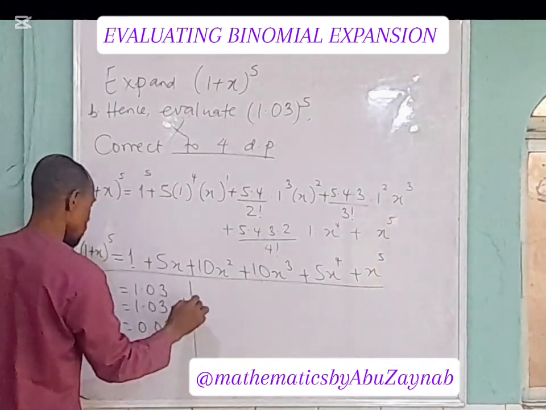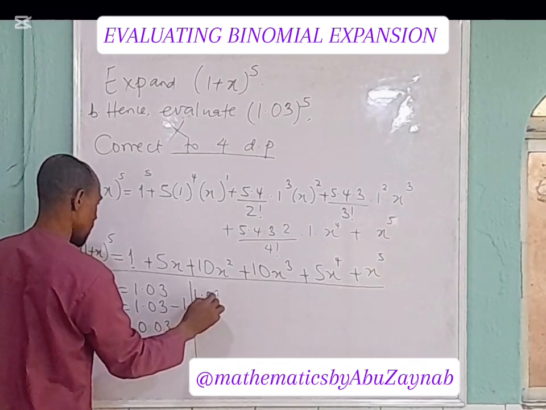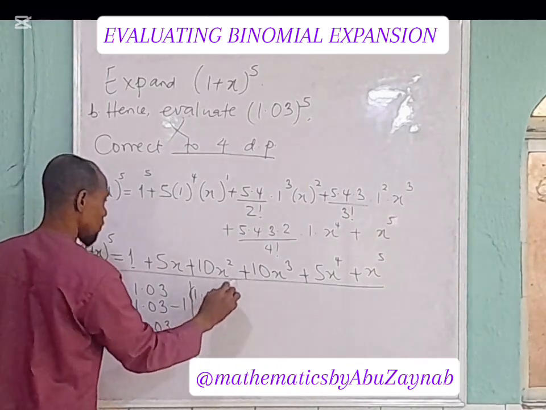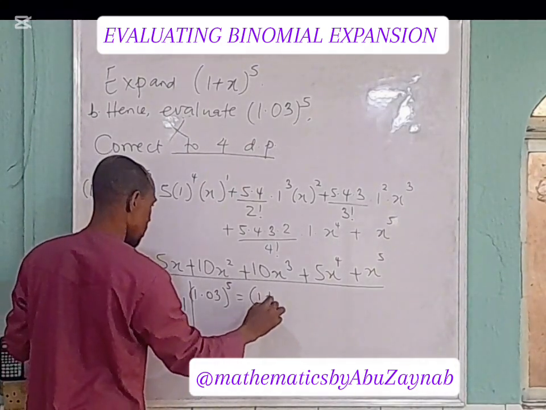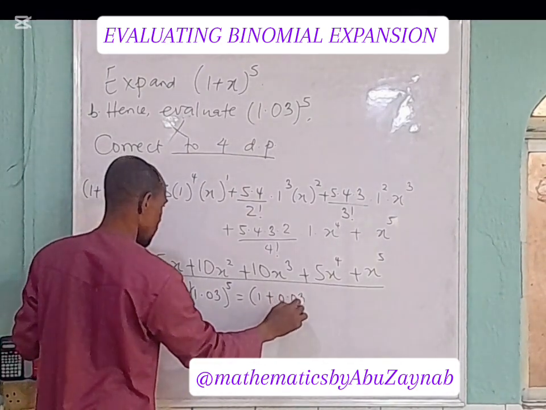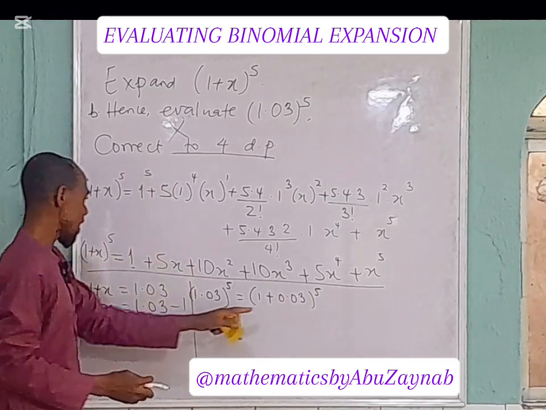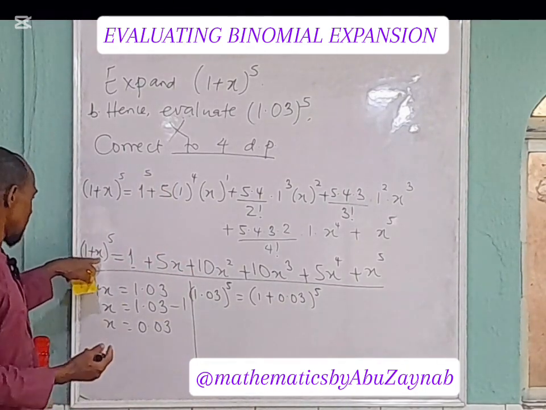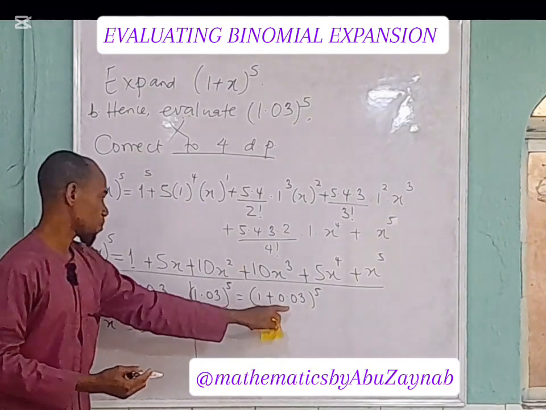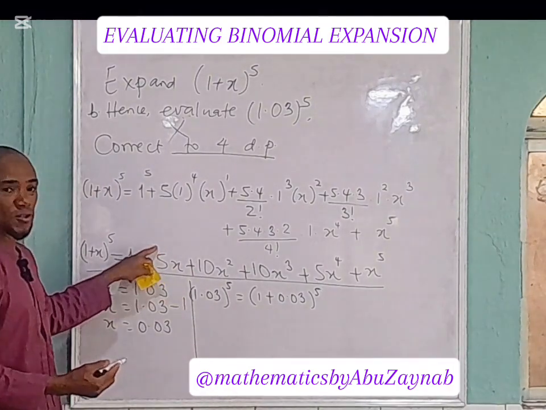That means that 1.03 to the power of 5, which is required, is simply written out as (1 + 0.03) to the power of 5. So when I liken this to the expansion, I'm just going to pick x as having the value 0.03 in its binomial expansion.